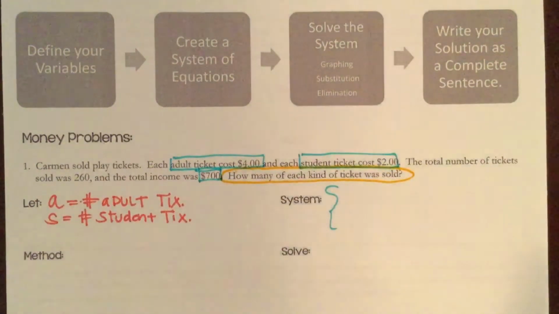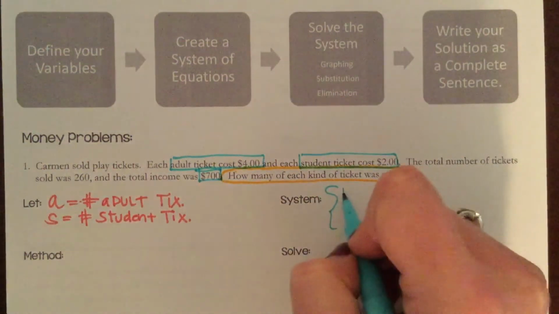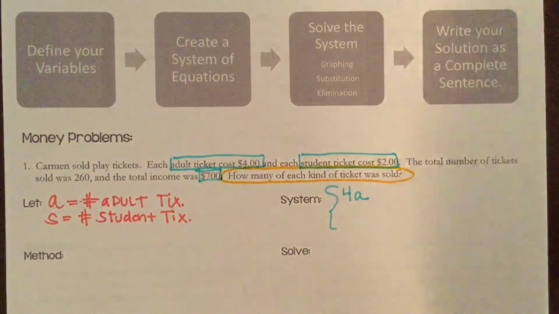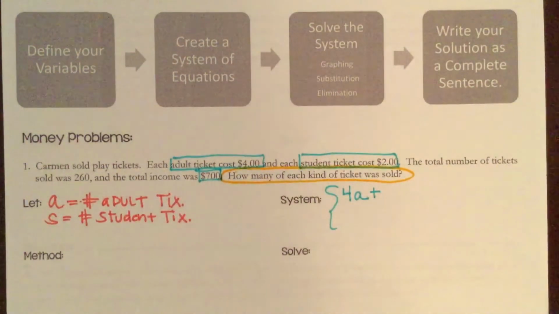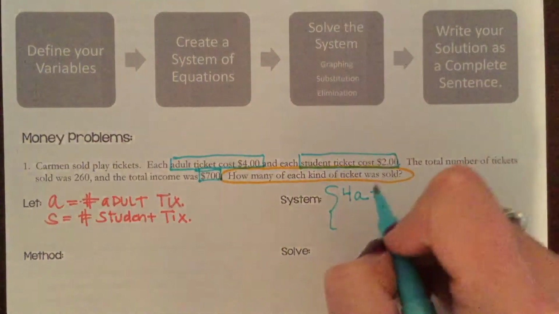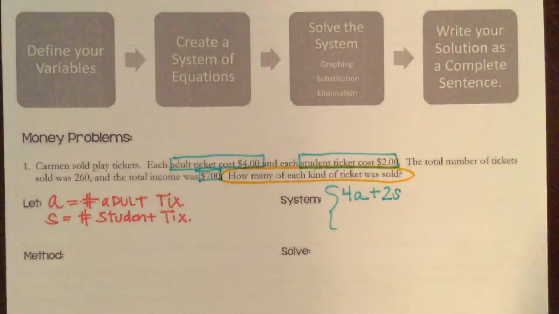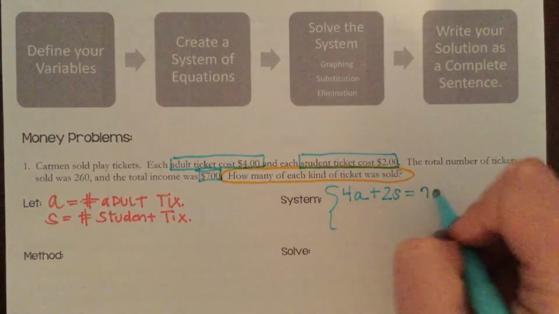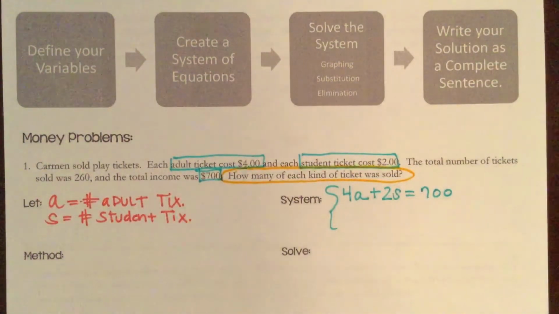So if we put these ideas together, the total amount of money we made on adult tickets was $4 times the number of tickets that people bought. The total amount of money that we made on student tickets was $2 times the number of tickets that were sold. And we know that together they made a total of $700.